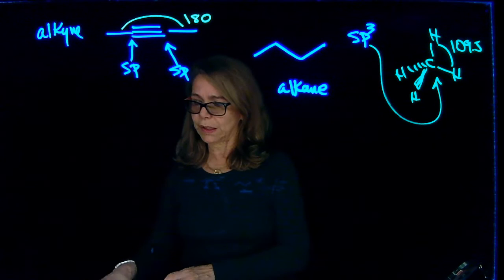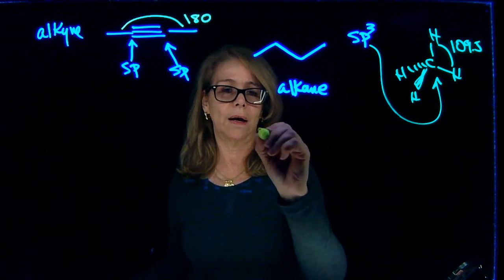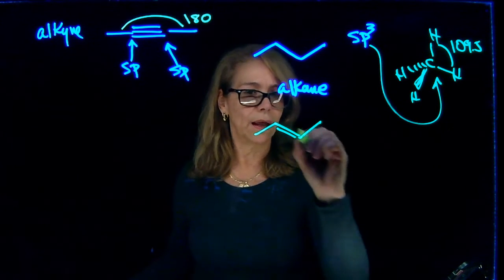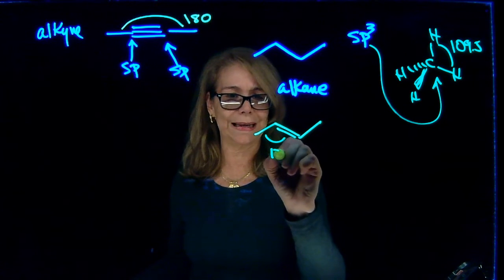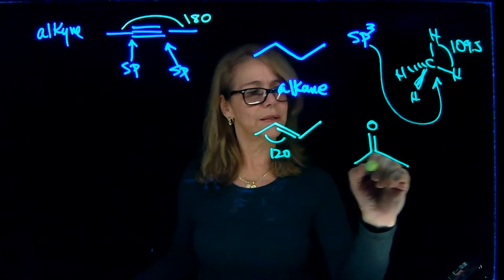And we can also do the zigzag if we draw an alkene. And we know in the alkene, the angle should be 120. As an example, say that we have acetone.